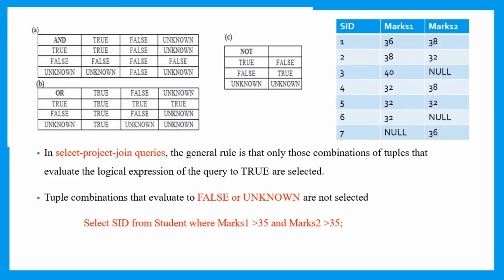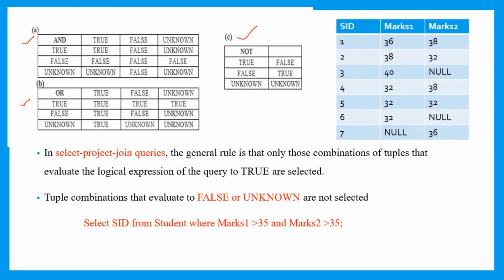We have seen three-valued logic: true, false, and unknown. When we apply three-valued logic with the help of AND, OR, and NOT, this table shows the result of three-valued logic on AND, three-valued logic on OR, and three-valued logic on NOT.